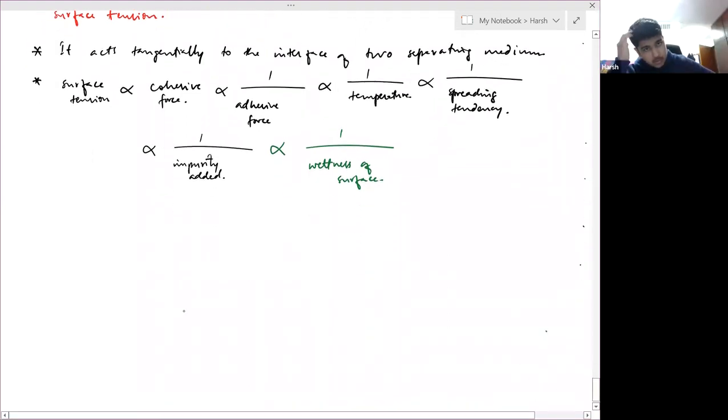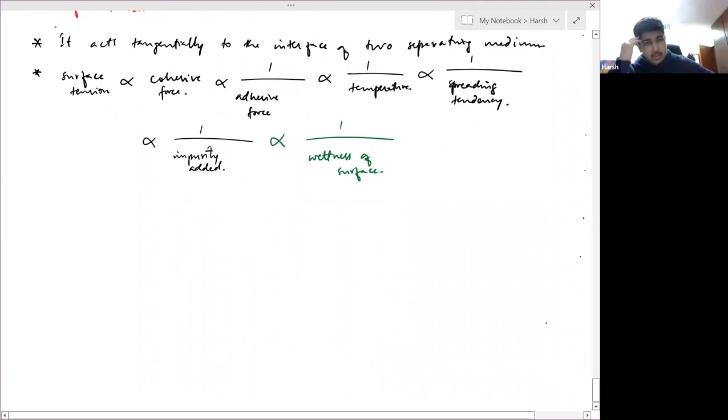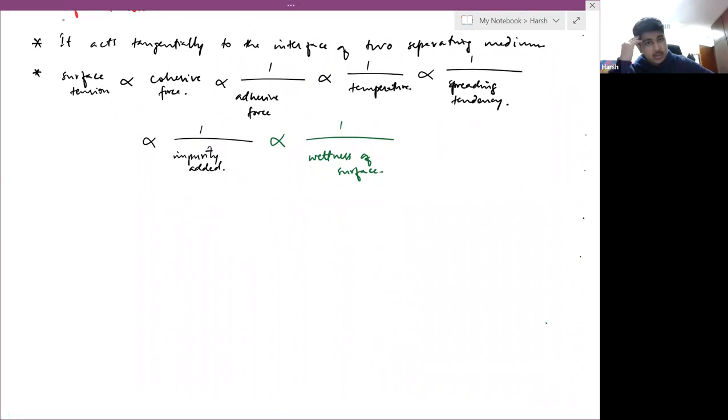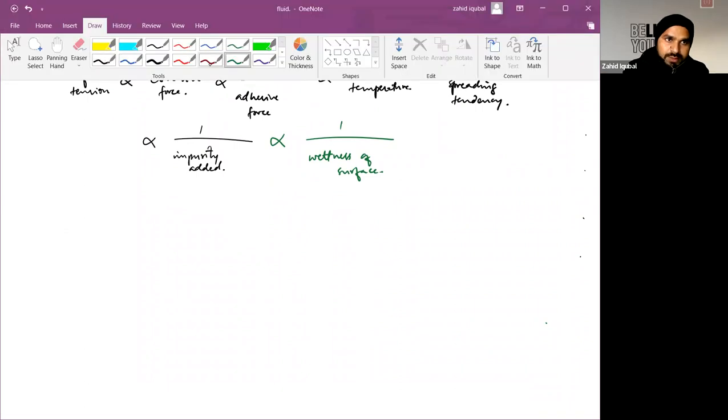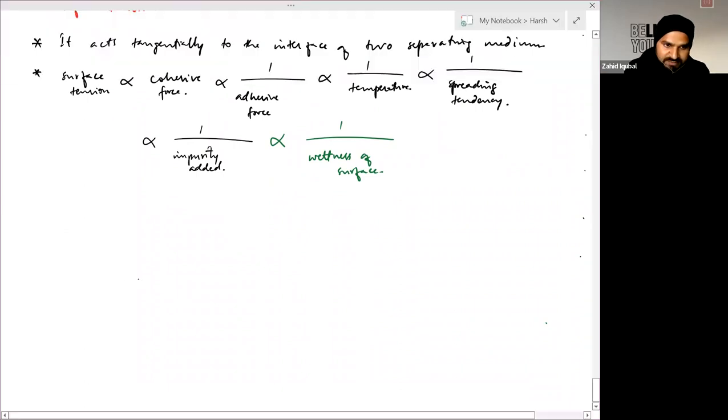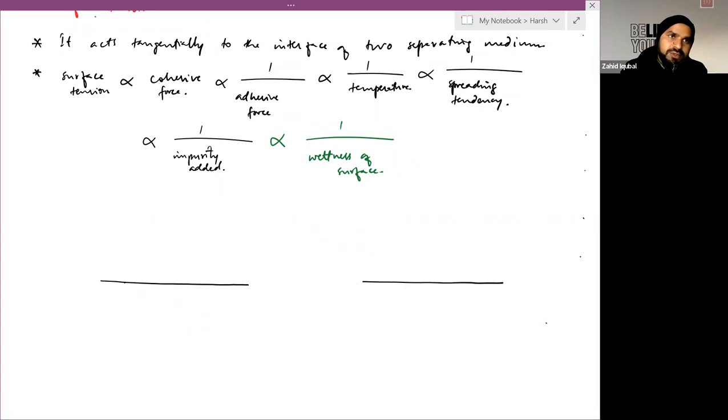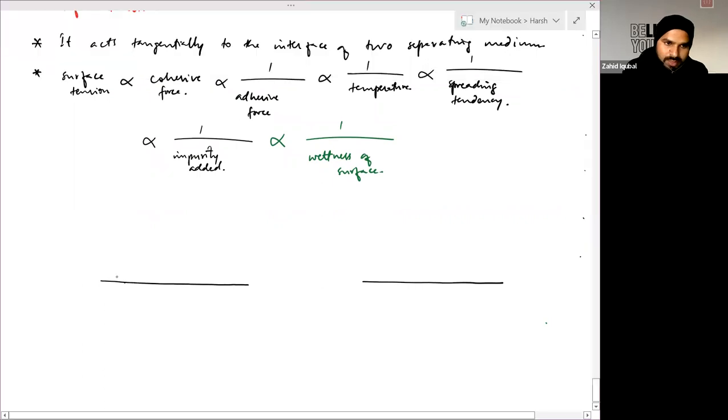Sir, so water has less surface tension on interacting with a particular solid object on which it is placed. Let me define it for you. Suppose, on a surface, in the first case, if water is dropped, it may acquire a shape like this.